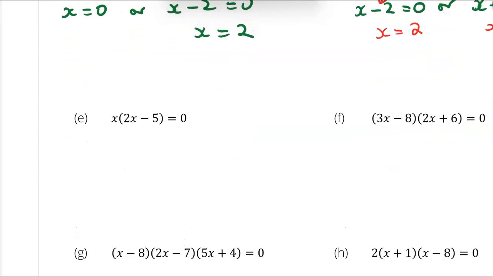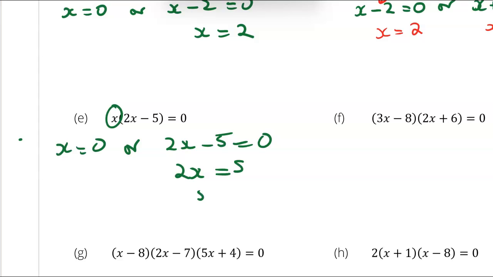All right, so let's have a look at this one. So here we've got two options. Either x is 0, this bit, or this bit. Now, we've got a situation here where we need to solve a little equation, an equation within an equation, essentially.